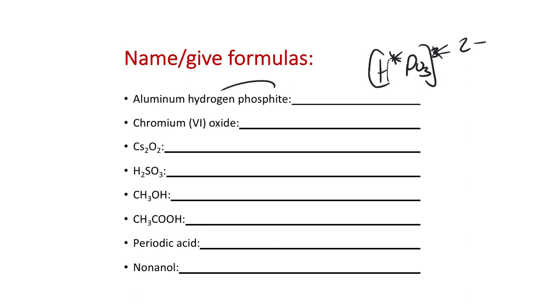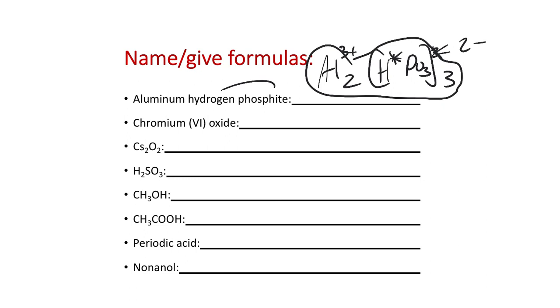And so if we have the aluminum cation with the 3+ charge, we're going to need 3 of the hydrogen phosphites and 1 aluminum to balance out the charge. So aluminum hydrogen phosphite would be Al(HPO3)3, so HPO3 three times for the phosphite. Chromium(VI), just remember chromium(VI) is the charge of 6+, oxide's a 2-, so this is CrO3.